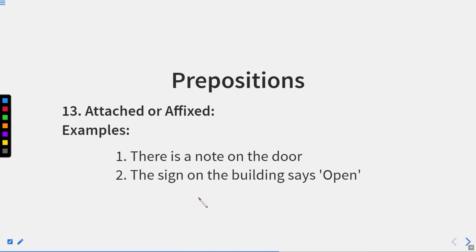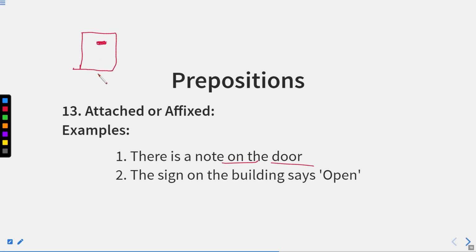Now let us move further. If something is attached or affixed to something else, for example, there is a note on the door. You must have seen many times that on your door, somebody pastes a sticker or something.